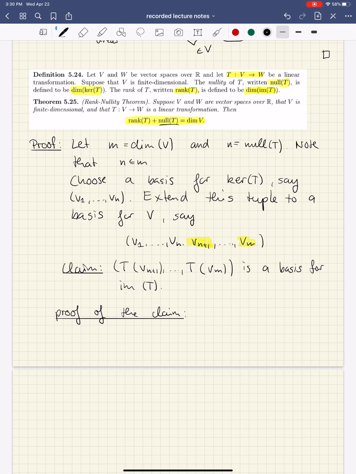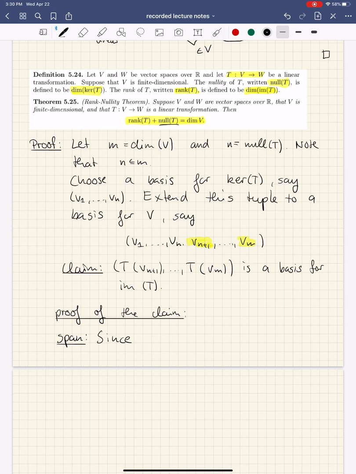Well, we have to show that it's spanning and that it's linearly independent. So let's start with the spanning part. We want to use the previous result.